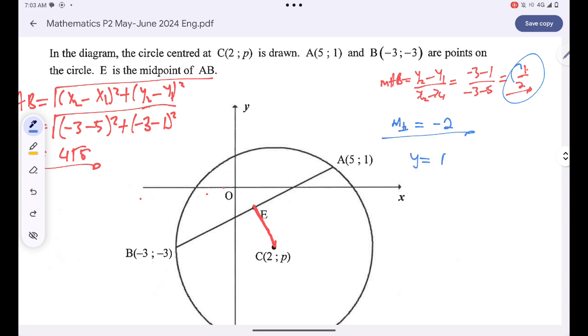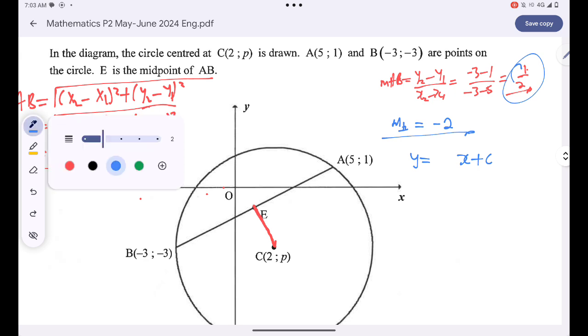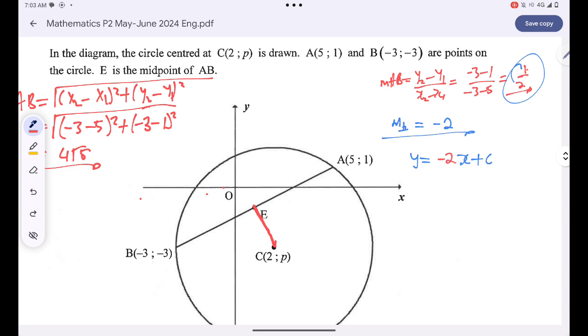The equation is in the form y is equal to mx plus c, but since I know the value of m, I'll simply substitute it. m is just negative 2. Are you together? For me to find the value of c, I just need to substitute an extra point on the line. The perpendicular bisector passes through point E, and point E is 1 and negative 1, right?